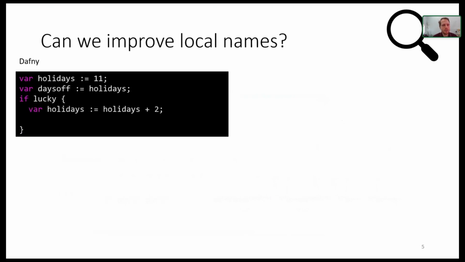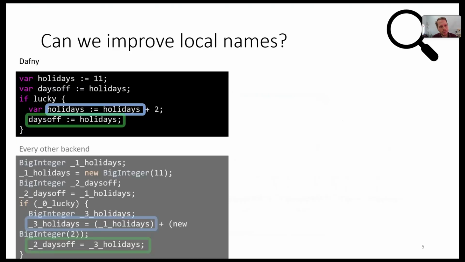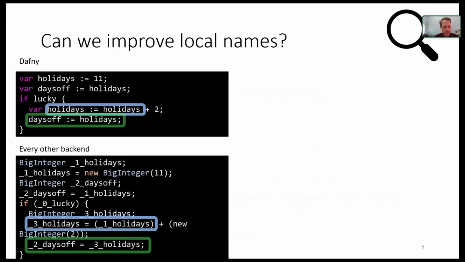And if you're lucky, you get 2 extra holidays and you reassign the holidays to days off. Here you see in blue that we are overriding a variable with the same variable name. So in every other backend, you will have 2 variables for these 2 holidays, which are homonymous, and which are prefixed with underscore, number, underscore, with different numbers so that we identify them uniquely.